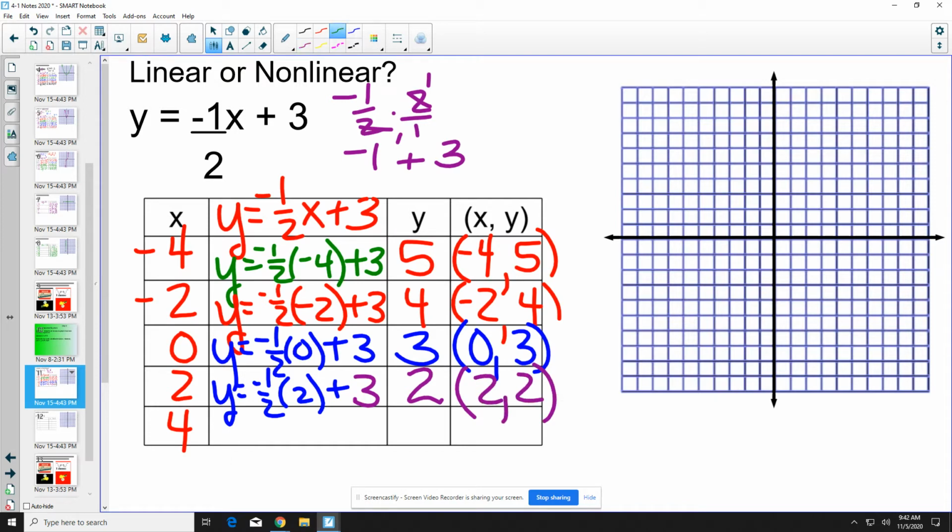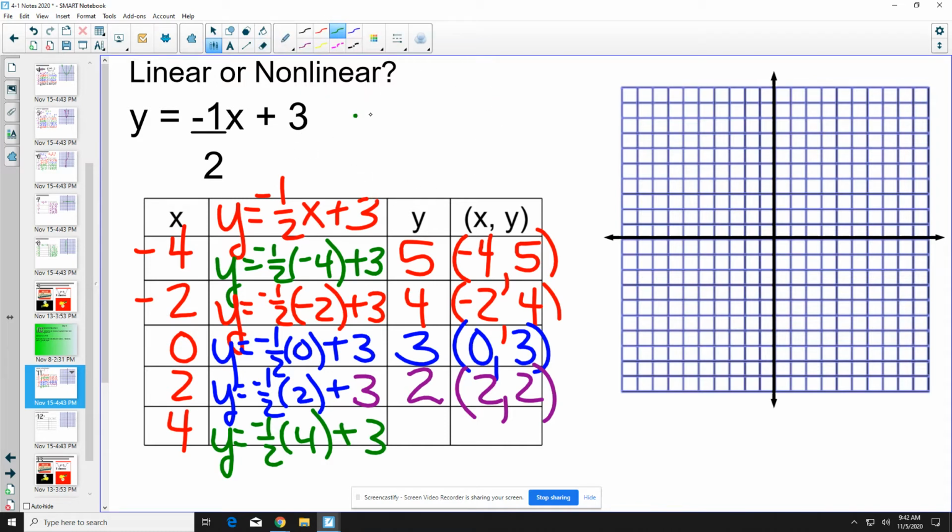Okay, now I'm going to put 4 in for x. So in your table, write y equals -1/2 times 4 plus 3. I'm going to take negative 1/2 times 4. Remember, you can use a calculator also. 4 is the same as 4 over 1. I could cancel. 2 goes into 2 once, 2 goes into 4 twice.